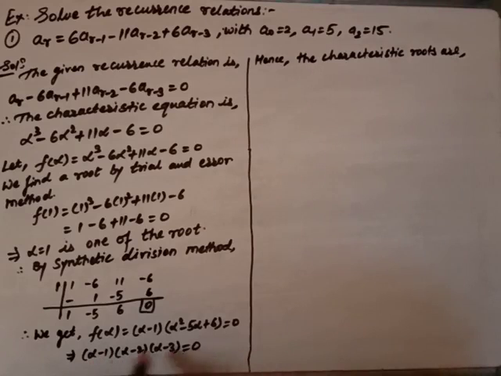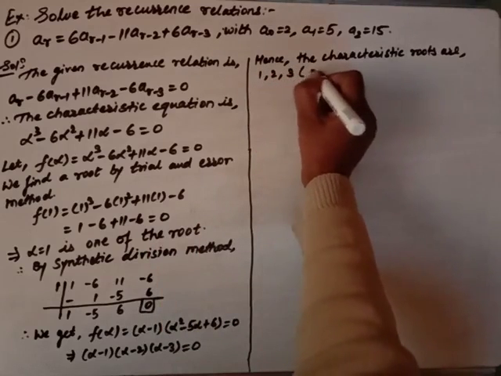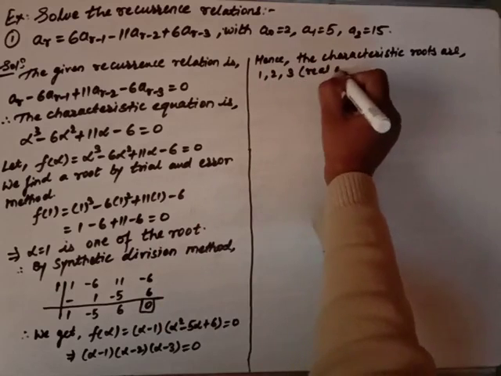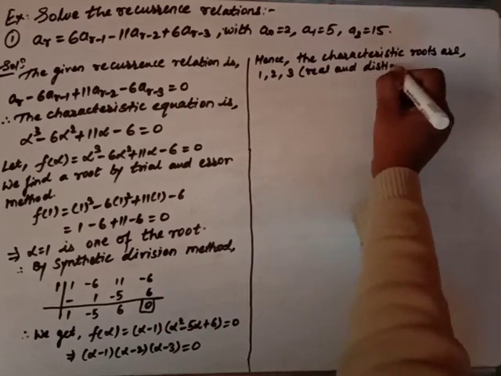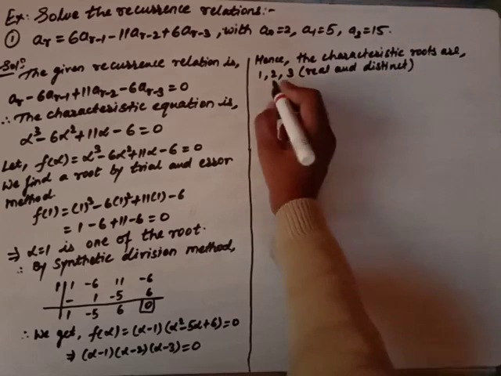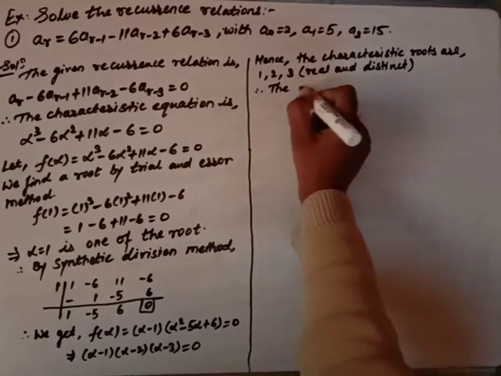So this one equal to 0 gives 1, this one equal to 0 gives 2, and this one equal to 0 gives 3. Are what? 1, 2, 3, and that are real and distinct. Now from that we will write the homogeneous solution.